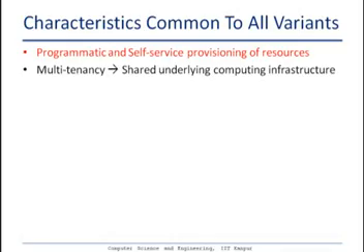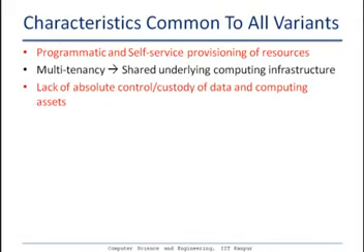Another important property is lack of control, absolute control on the custody of the data or computing assets. What it means is when you subscribe or sign up for a cloud computing service, for example, infrastructure as a service gives you some computing resources, it could be storage or even compute. So the data that you store or even the code that you will deploy there, that resides in the data center of a cloud vendor.